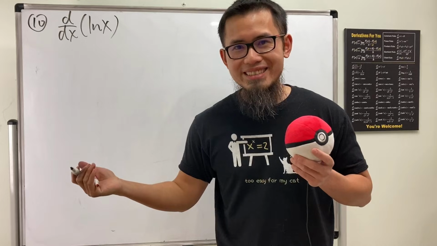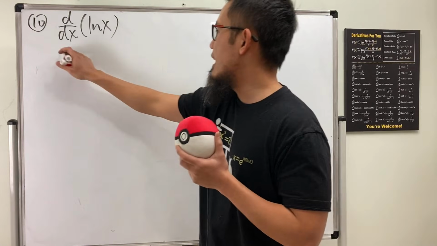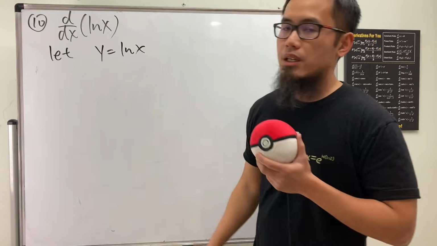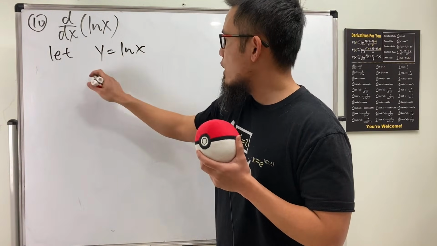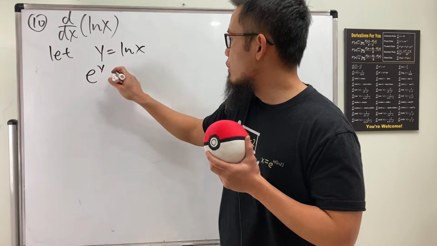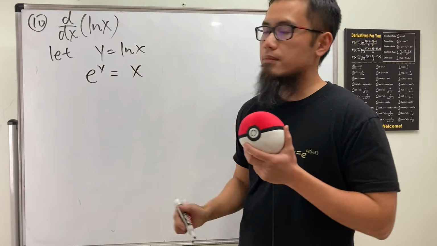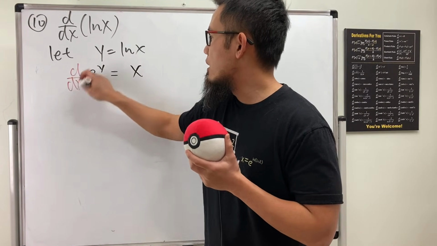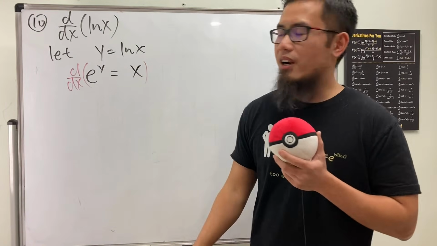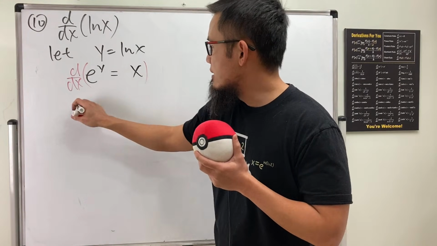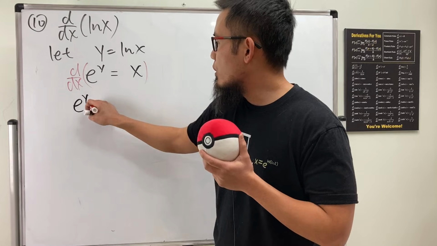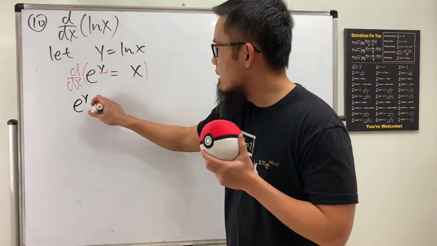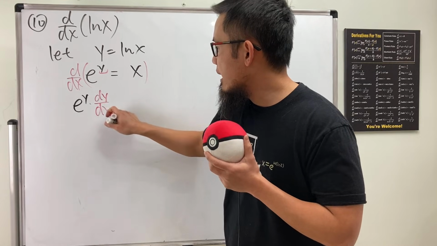How do we do this? One easy way is just let y equal to ln x. Once we have this, we know this is the same as saying e to the y is equal to x. And then we can do implicit differentiation. So I put down d/dx over there, and then the derivative of e to the y is still just e to the y, and then we multiply by the derivative of y because of the chain rule, so we get dy/dx.